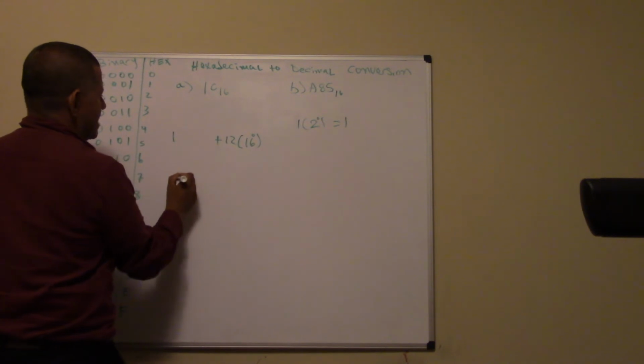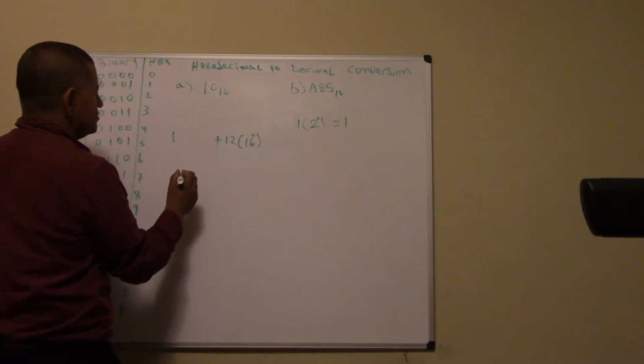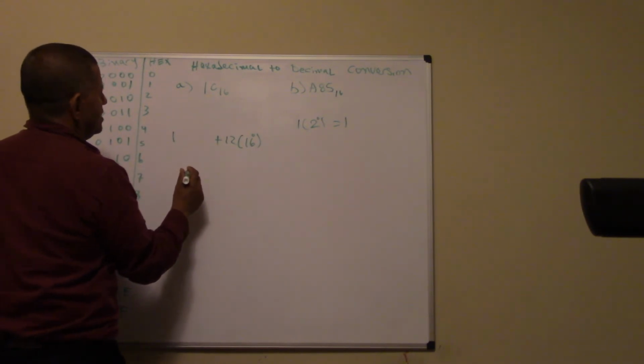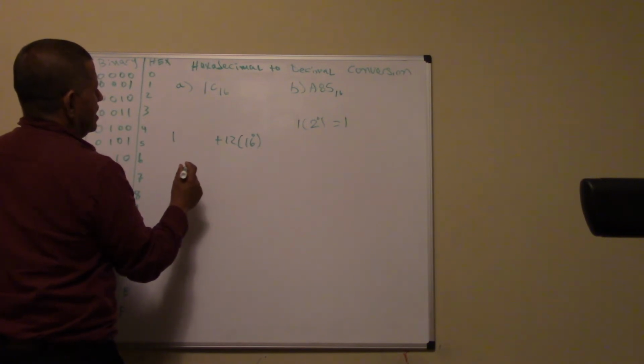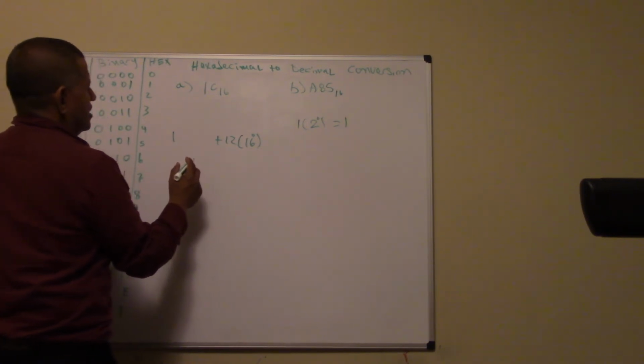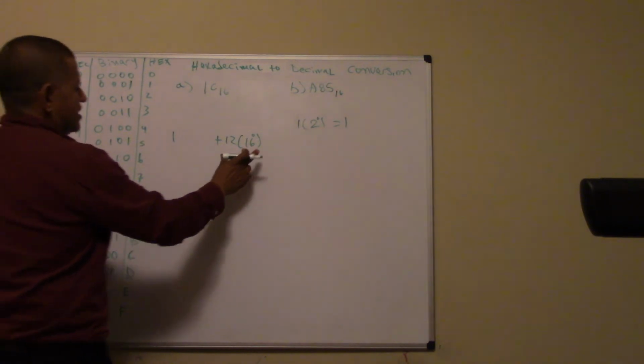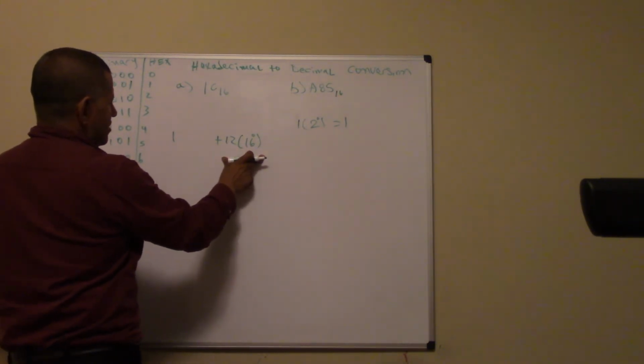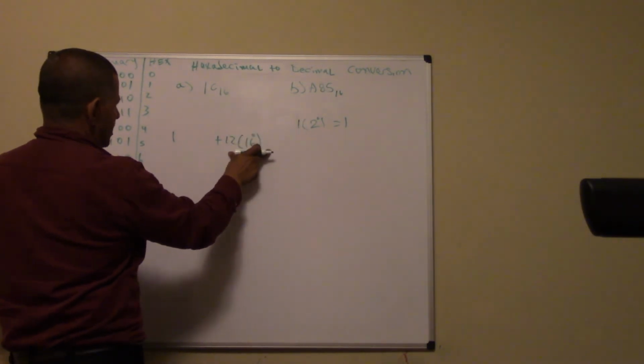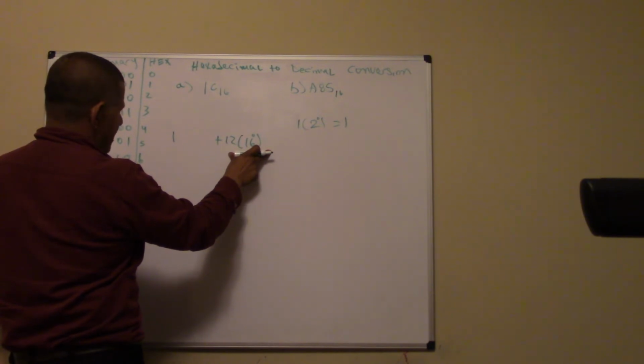And then I do 1 times. So here is actually any number to the 0 power is 1, correct? So that gives me that number.